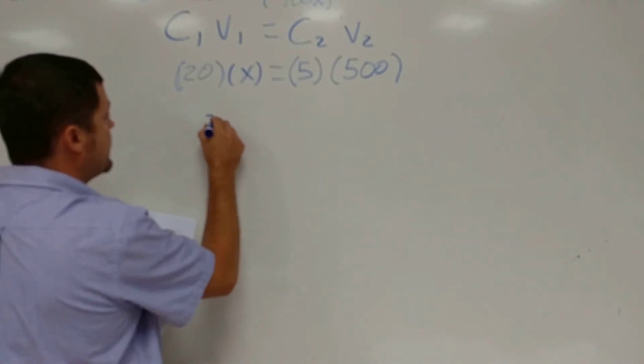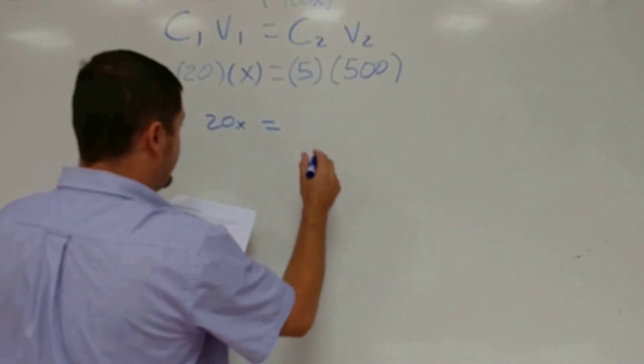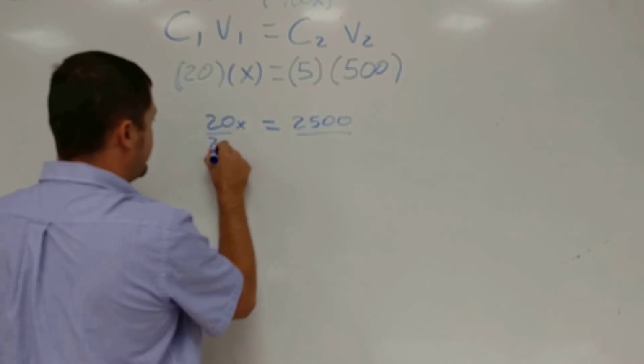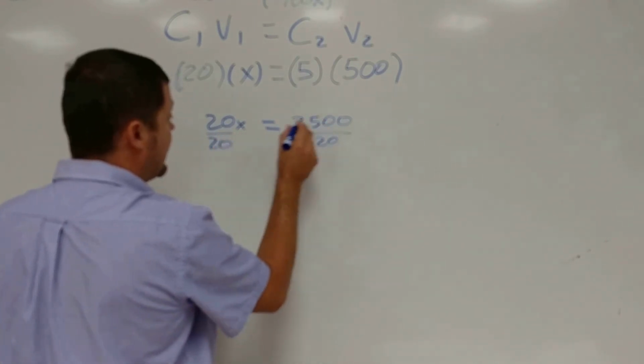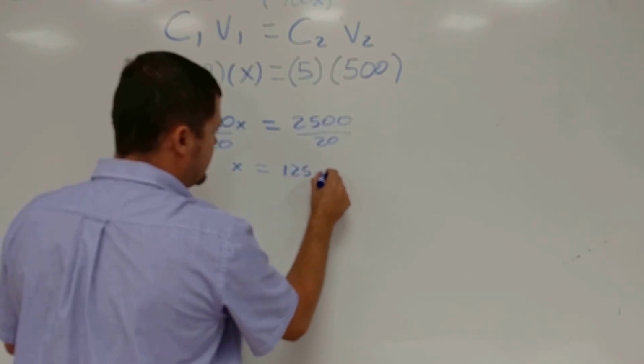Then you just start multiplying. We have 20x on this side. 5 times 500 gives you 2,500. Divide that by 20, and X is going to give you 125 milliliters.